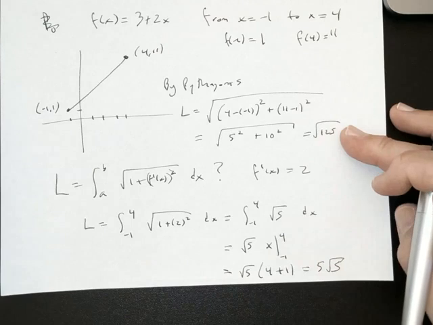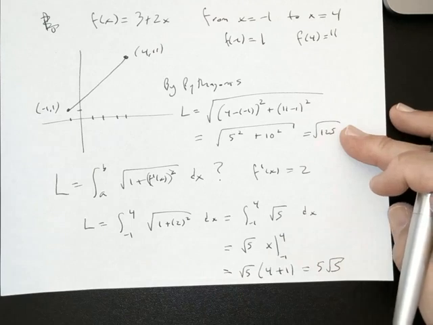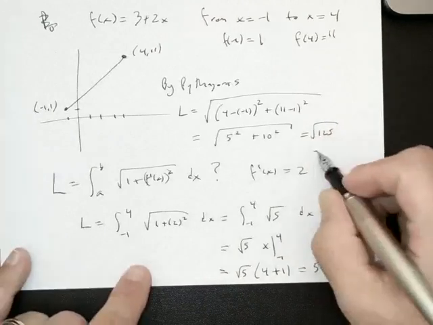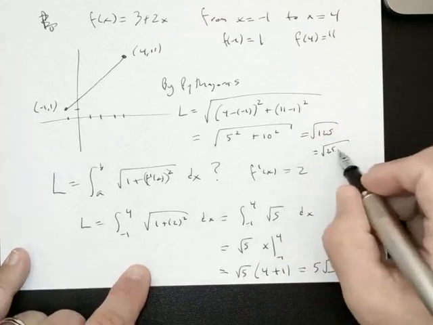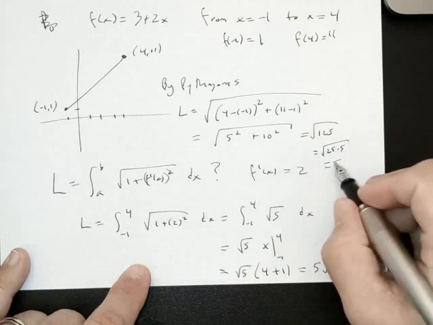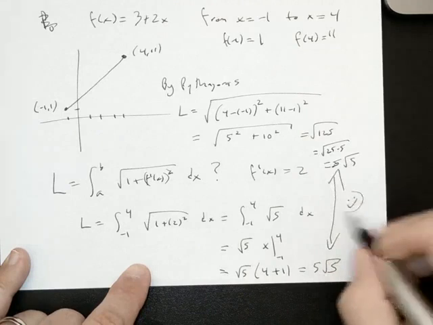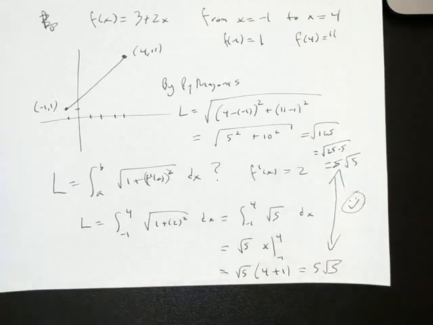But up here I have the square root of 125, yes? But 125 is 25 times 5. So the square root is 5 times square root 5, which is exactly the same thing. Hallelujah, it worked.